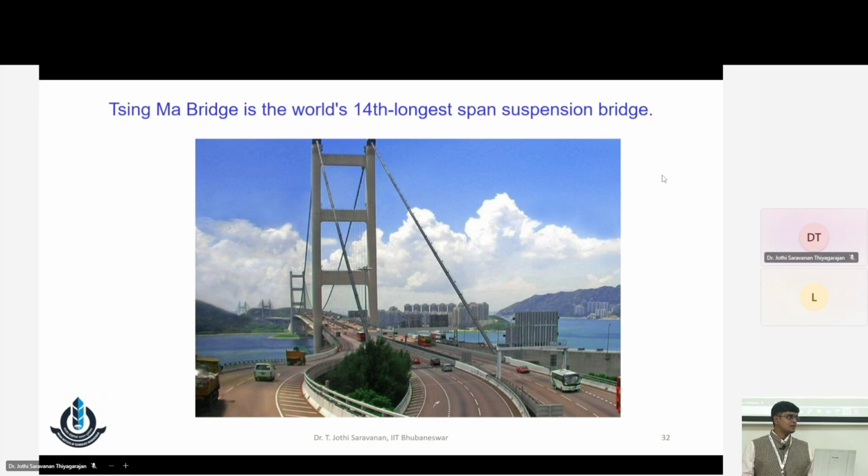Yes, sorry, wooden. Oh, Golden Bridge. Golden Bridge is a suspension bridge. Rabindra.